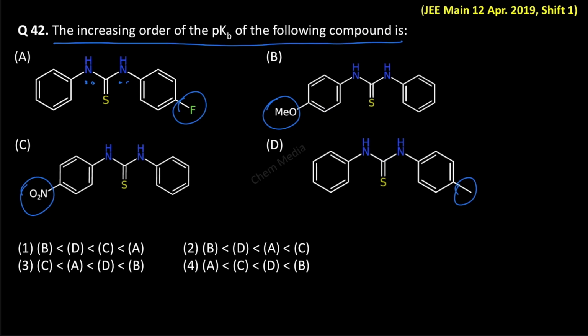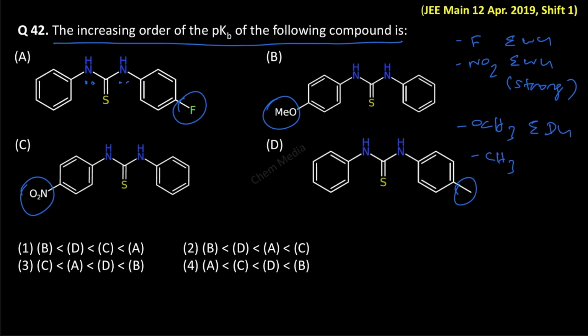Among these, we know that fluorine as well as NO2 are electron withdrawing groups, but NO2 is a strong electron withdrawing group compared to fluorine. On the contrary, methoxy as well as methyl group are electron donating groups, but methoxy is a strong electron donating group compared to methyl.